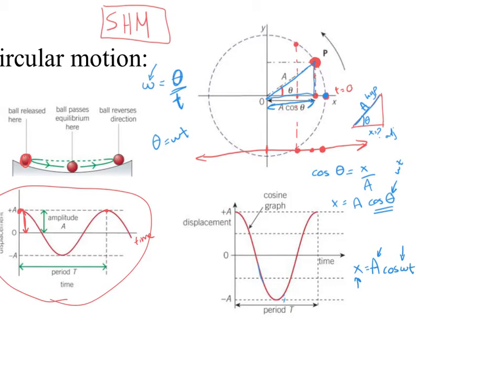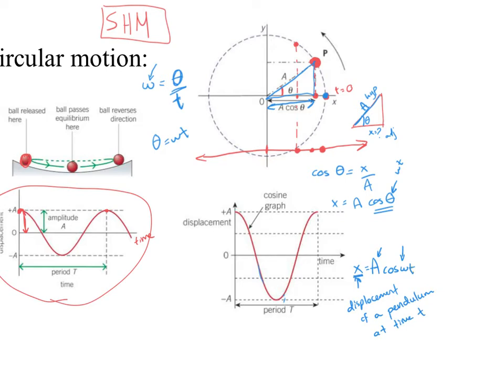I will be coming back to this in a bit. But yes, you are able to calculate the displacement of a pendulum or any object that's moving in oscillation, in simple harmonic motion, at time t.